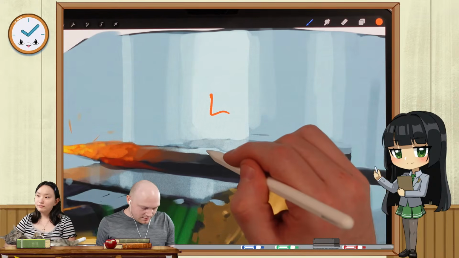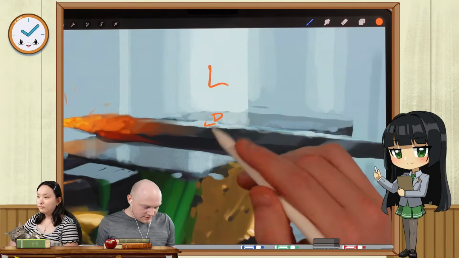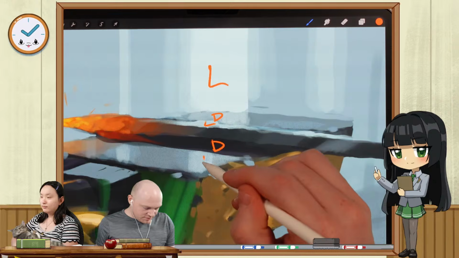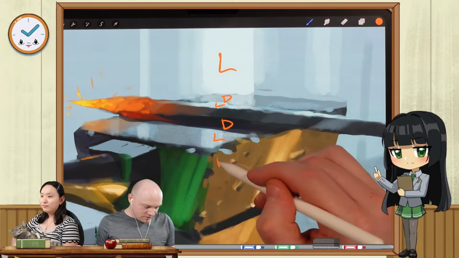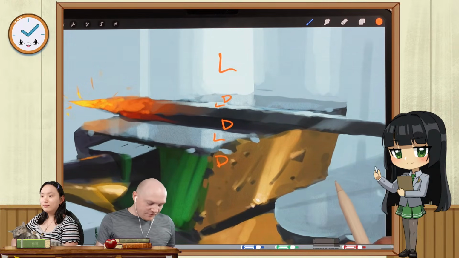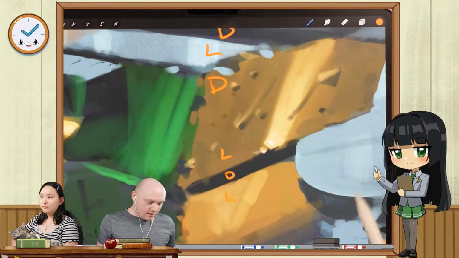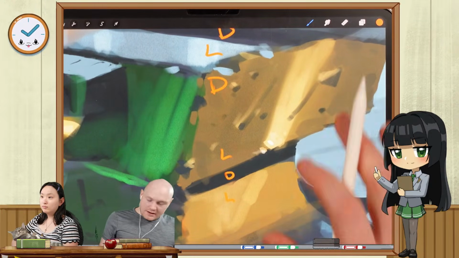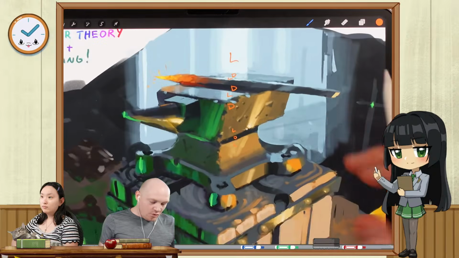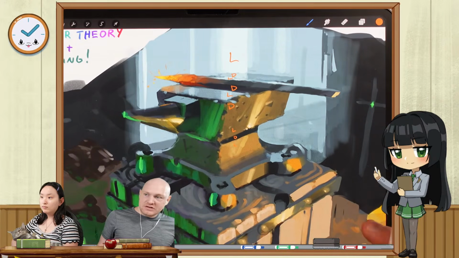This would be light. This would be a dark. This would be a dark. This would be a light, right? This would be a dark. And you don't have to keep it so consistent. Light, dark, light. A lot of it is checkerboarding, and checkerboarding within an overall unified composition as well.